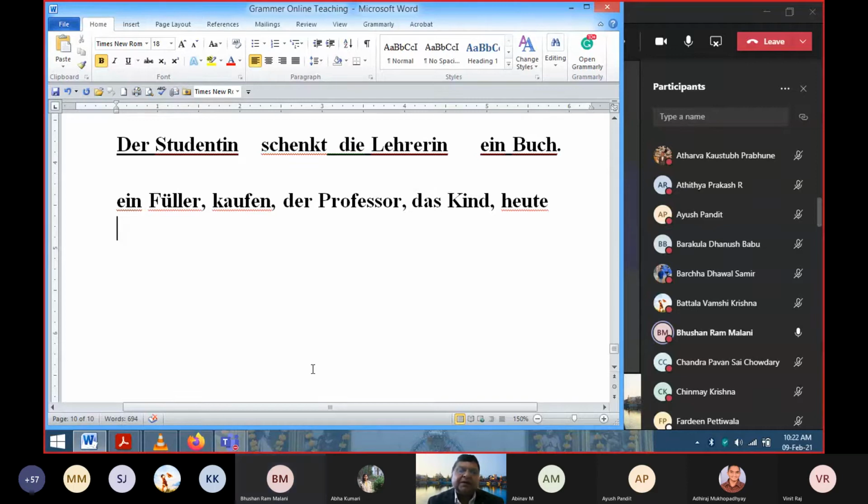You need not add anything. Heute means today, Kind means child, Professor, kaufen means to buy, Füller means pen. So these are the meanings. Suppose in English these words are there. Can't you make a sentence in English with the given words?